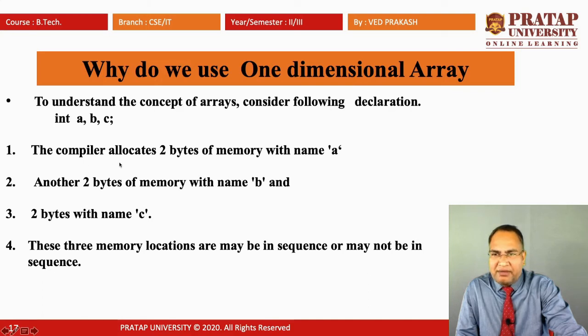For the above mentioned statements, the compiler allocates 2 bytes of memory with name A, the same 2 bytes for name B, and another 2 bytes for name C. So these 2 bytes will be allocated at different memory locations. At the time of compiling we have to pass the different memory locations, but using an array they always use consecutive memory.